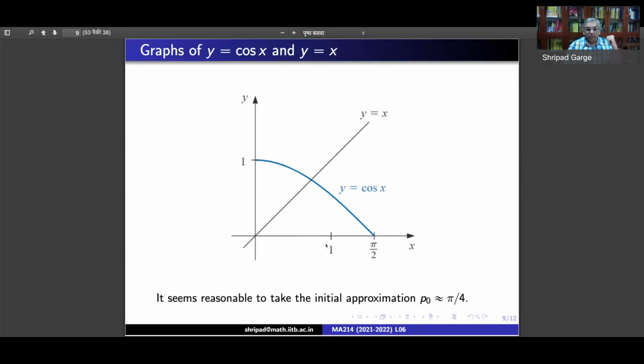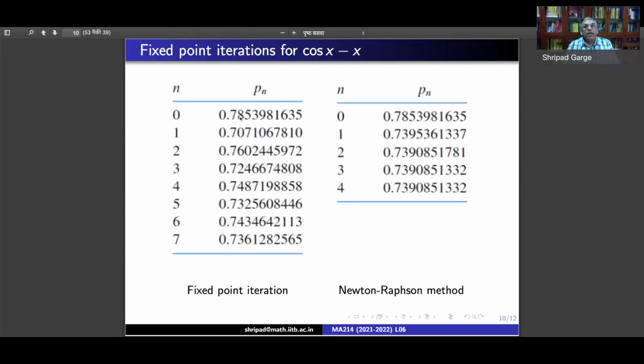So my p naught is ahead of the fixed point. p1 is below the fixed point. p2 has again gone ahead, but lower than p naught. So here if you look at it, p naught is 0.78 something, p1 is 0.70 something, p2 is 0.76 something. So we have again gone ahead, but slightly lower than p naught. We haven't done as badly as the initial approximation p naught, but it is still not good enough.